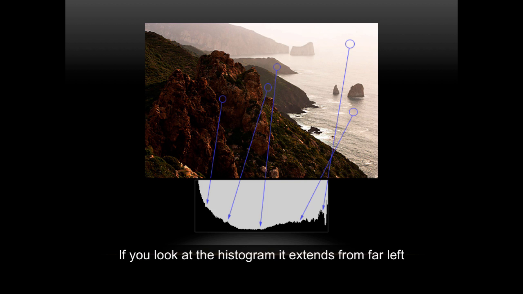If you look at the histogram, it extends from far left to far right, all of those values, 0 to 255. Those markers illustrate where the regions in that photo map to the brightness levels on the histogram. You can see by just reading it, and that's what we do, we read a histogram, that there are very few midtones.